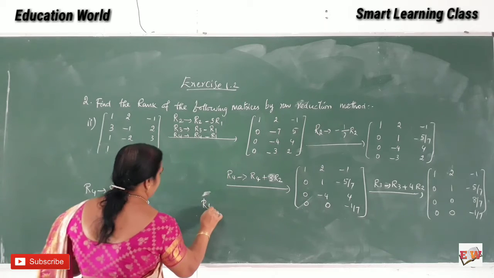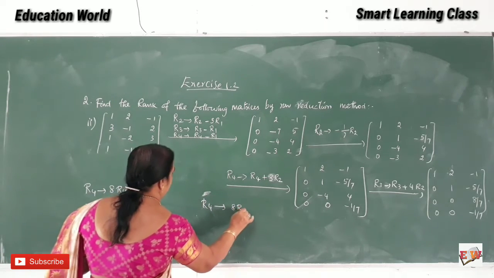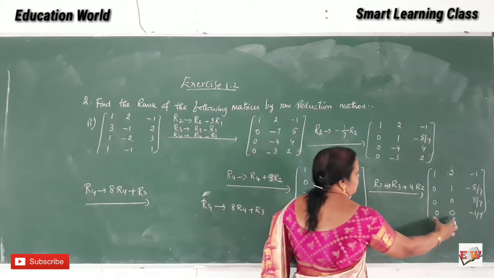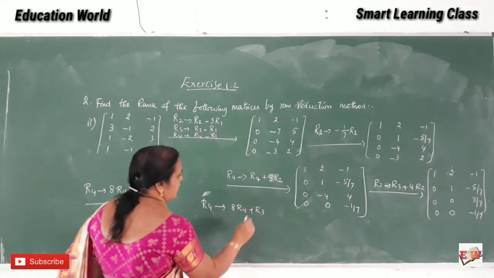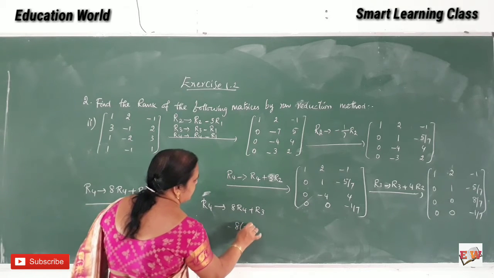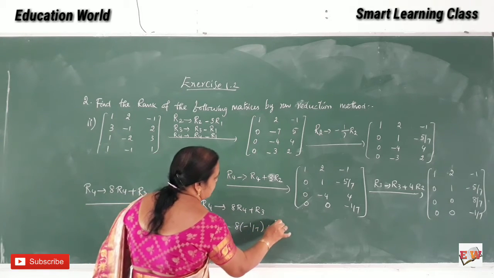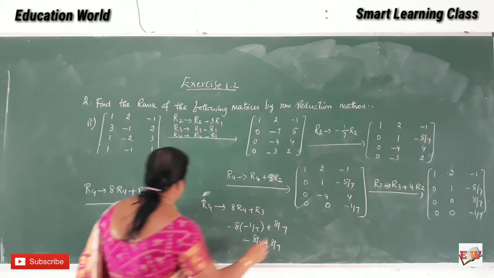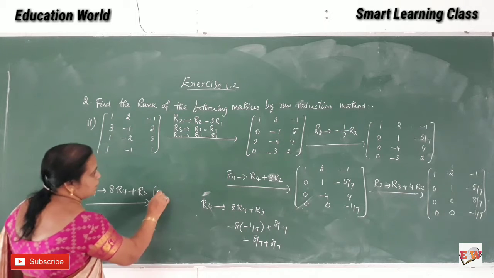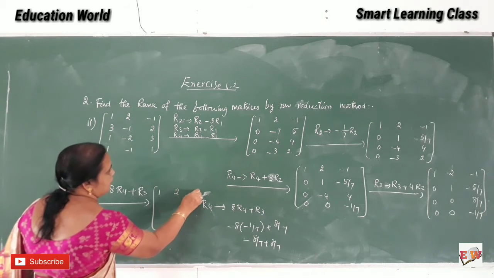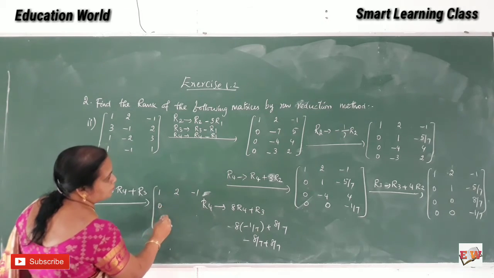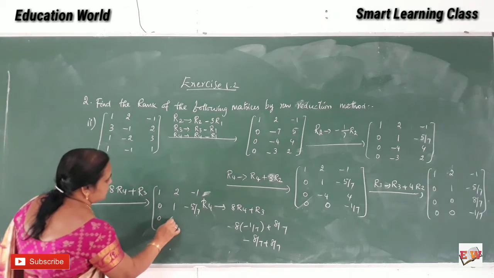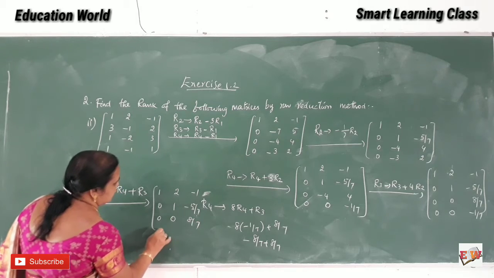See, R4 gives 8 R4 plus R3. Here two terms are 0, no need to calculate. Last term 8 into minus 1 by 7 plus 8 by 7. Minus 8 by 7 plus 8 by 7. So that term also 0. So 1, 2, minus 1, 0, 1, minus 5 by 7, 0, 0, 8 by 7, 0, 0, 0.